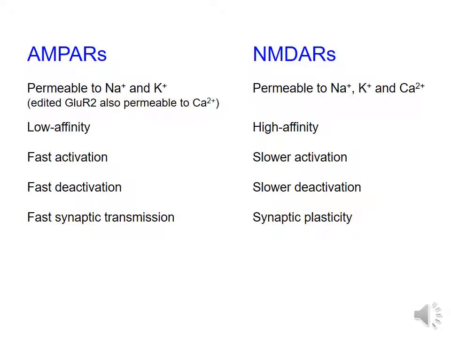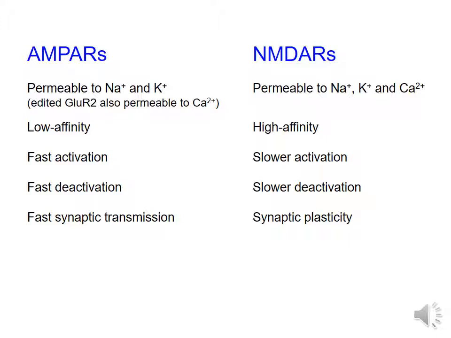And finally, this is just a very brief list of the biggest differences between AMPA receptors and NMDA receptors. If you remember from our previous video, AMPA receptors are permeable to sodium and potassium and not much to calcium, except for those subunits that are specifically spliced and edited, such as GluR2.